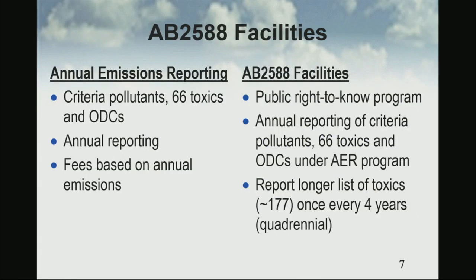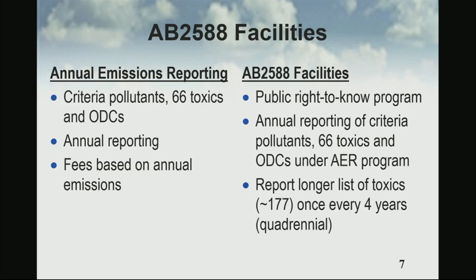I mentioned something about the AB 2588 facilities. Facilities that are subject to AB 2588 have some additional reporting requirements compared to facilities that are just AER. Both AER facilities and AB 2588 facilities must report specified criteria pollutants, toxic air contaminants, and a shorter list of toxic air contaminants and ozone depleting compounds.